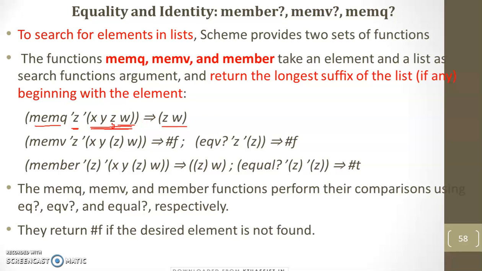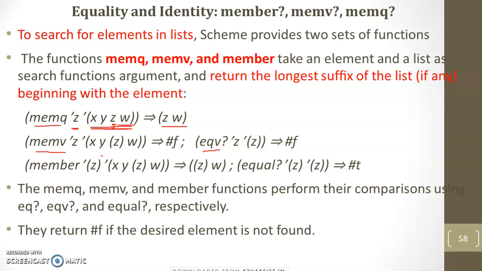Then MEMV, in this case, will make use of EQV. Here MEMQ made use of EQ, and MEMV will make use of the EQV construct. So when Z is found, it will return the longest suffix.